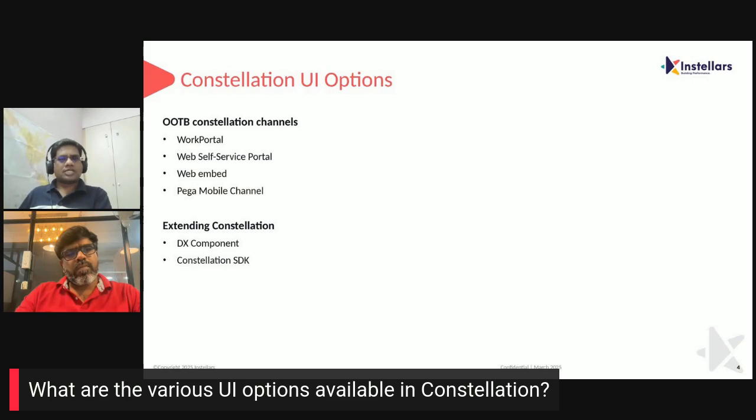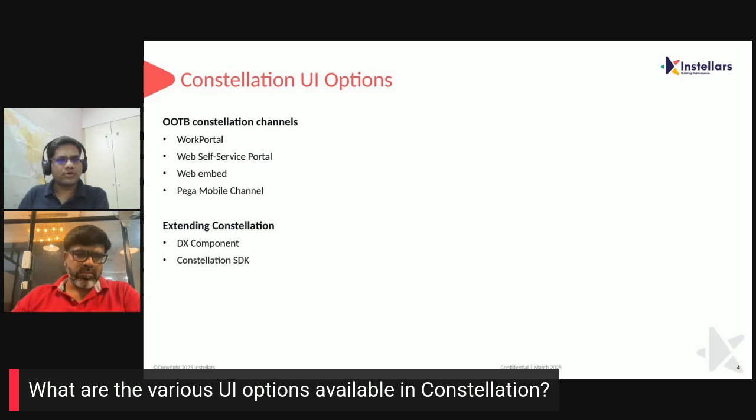As per the best practices, Pega always says that we should use the out-of-box configuration. But if there is any requirement to extend Constellation for specific business needs, then custom extension is required.